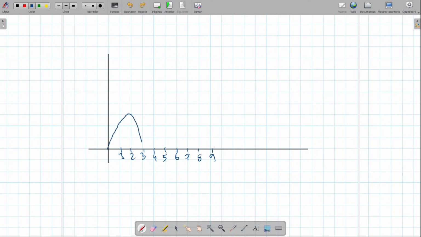Okay, so now it's going to be 4 there. Okay, so it will get its maximum at 6, and then 8. Okay, so if we had this wave, and then again we had this wave over here, for example.